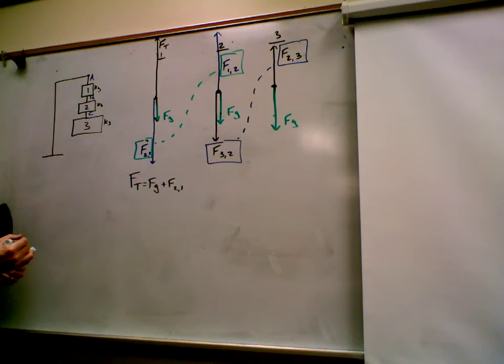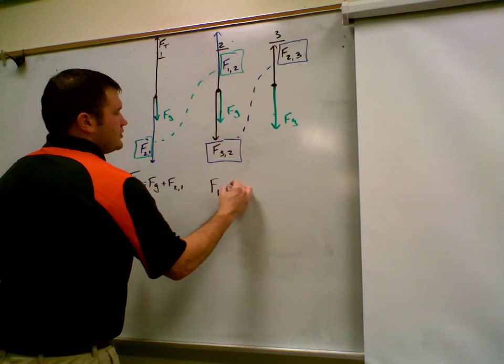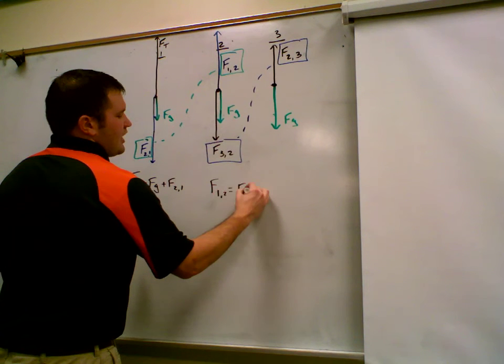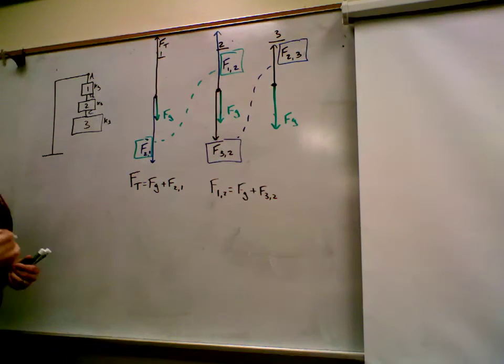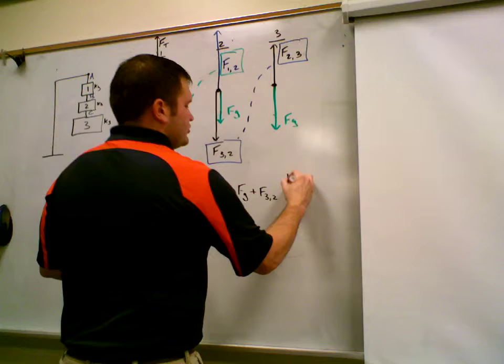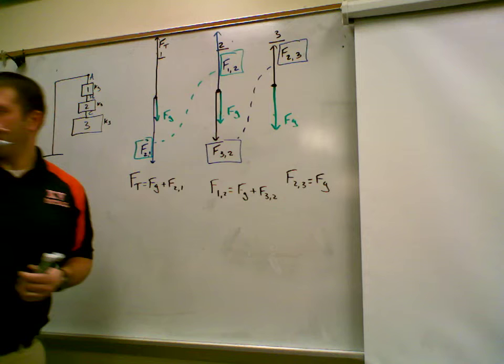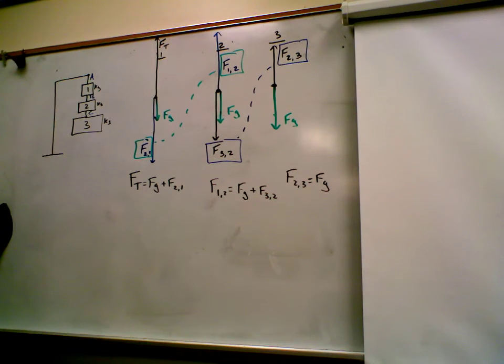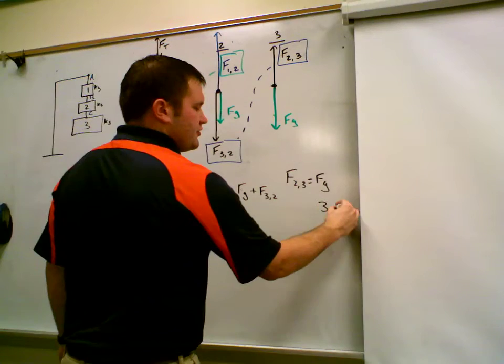Does that make sense? And we know F of 1 on 2 equals force gravity plus F 3 on 2, right? And we know F 3 on 2, or 2 on 3, equals force gravity. Now this force gravity right here is 3G, isn't it? 3 times 9.8.